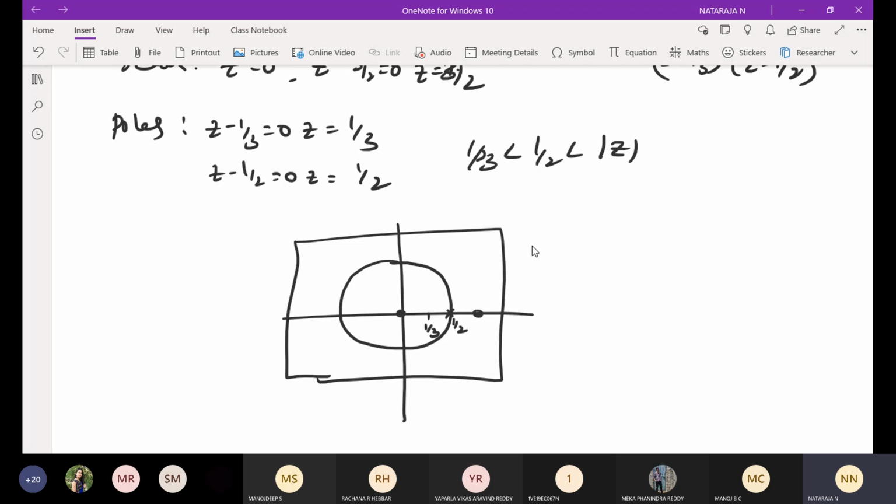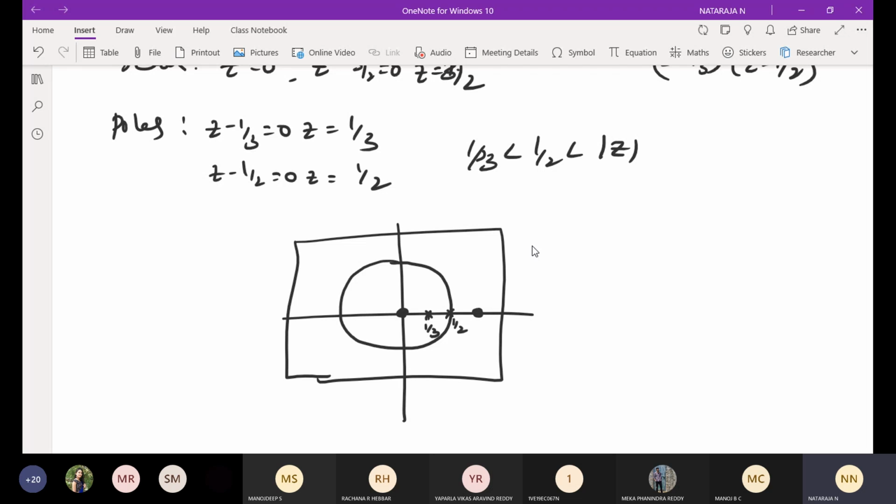What is the value of 3/2? 1.5. So if this is 0.5, this will be 1, and this will be 1.5. This dark circle will be your zeros, 0 and 3/2. 1/3 and 1/2 will be your poles.